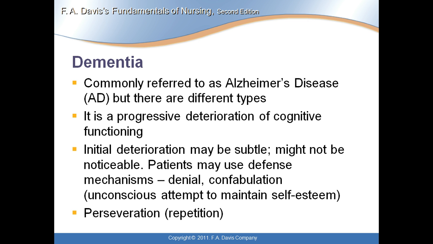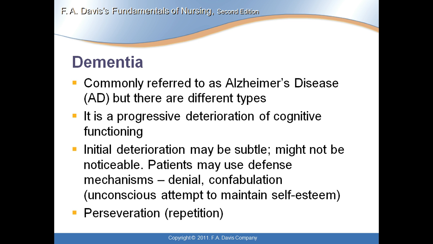Dementia is commonly referred to as Alzheimer's disease, but there are different types. It is a progressive deterioration of cognitive function. Initial deterioration may be subtle, may not be noticeable, and patients may use defense mechanisms: denial, confabulation, which is an unconscious attempt to maintain self-esteem, and perseveration or repetition.